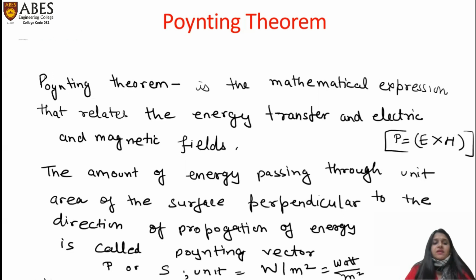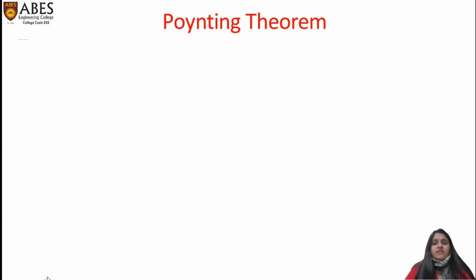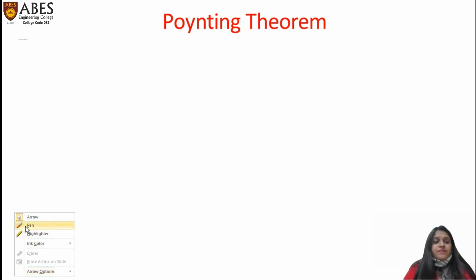Now let us start, not deriving Maxwell's equation, but using Maxwell's equations to derive Poynting theorem. We shall derive the desired result by using Maxwell's equations. Let me take the pen.